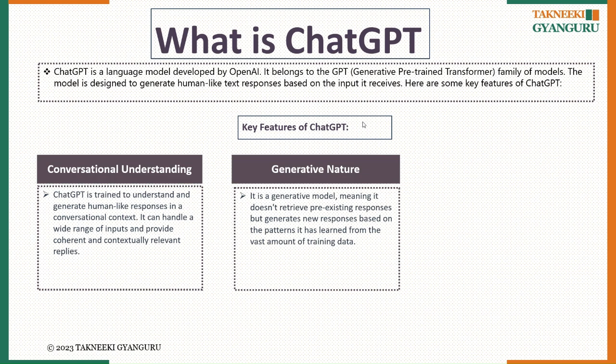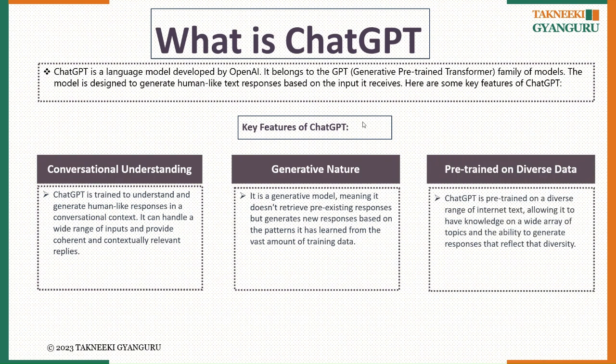It will generate the content based on the input, pre-trained on diverse data. So how is it pre-trained? Huge data is trained and then it becomes ChatGPT. So it has a wide area of topics and the ability to generate responses that reflect the diversity. You can discuss with ChatGPT politics, or some country, culture, or education, or different topics.